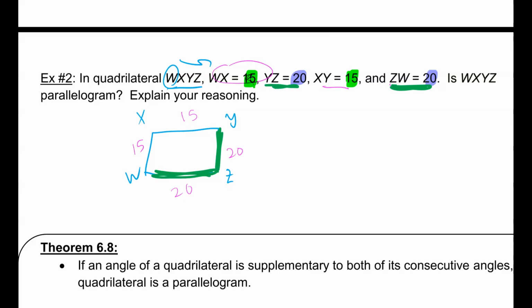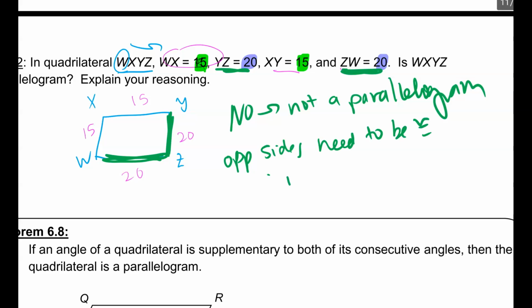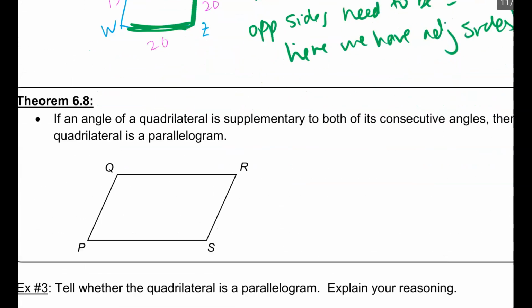So this is not a parallelogram, and the reason is that you have to have opposite sides congruent, not adjacent. Here we have adjacent sides congruent. This is not what it means to be a parallelogram. We have to have opposite sides congruent, so this is not going to be a parallelogram.